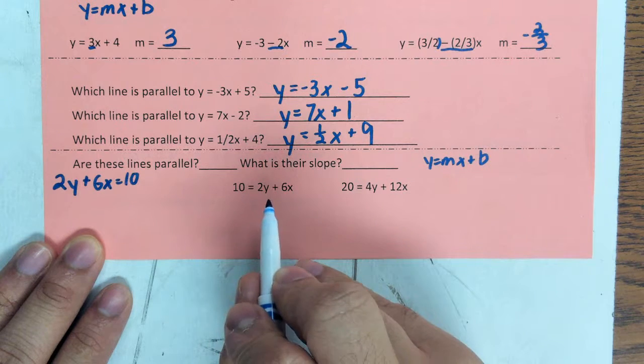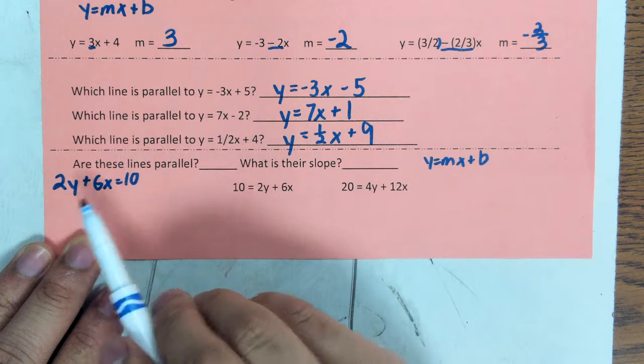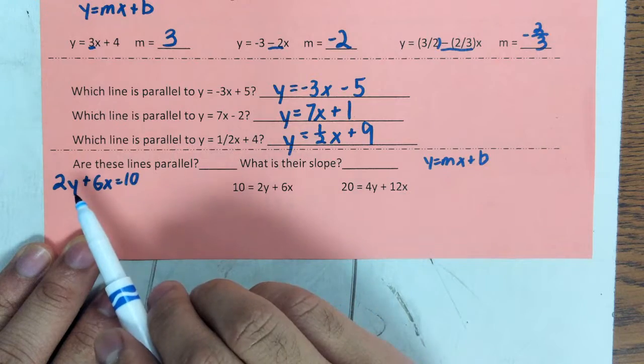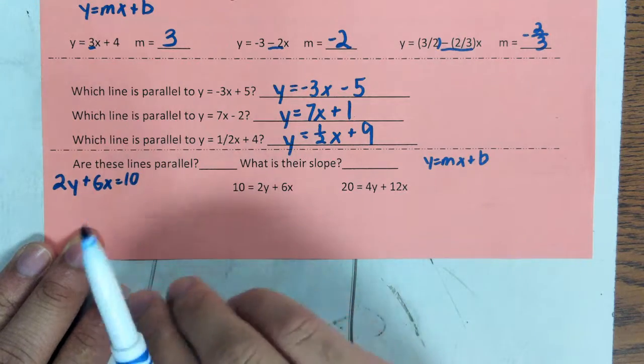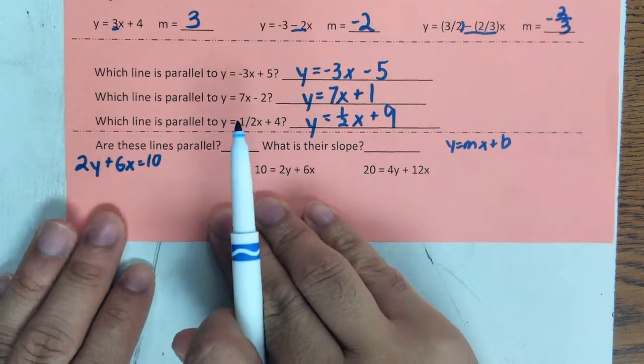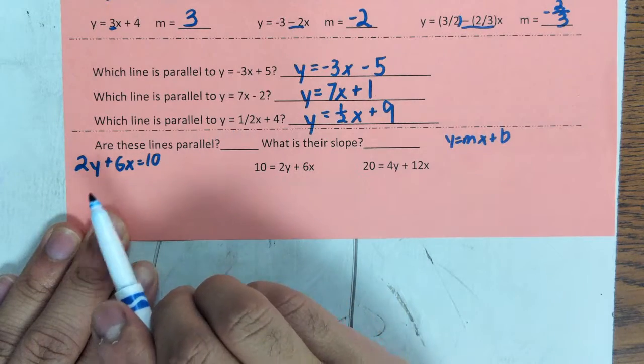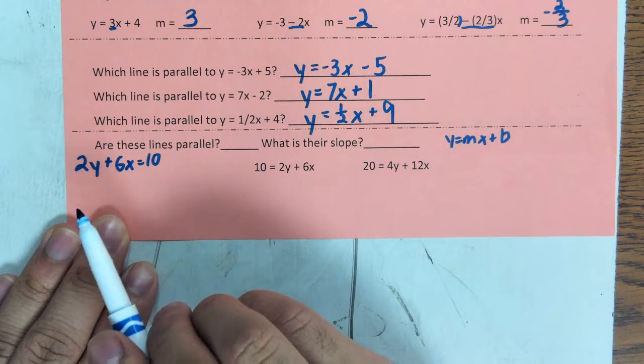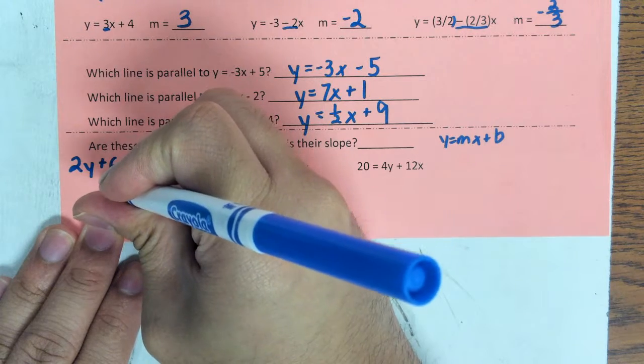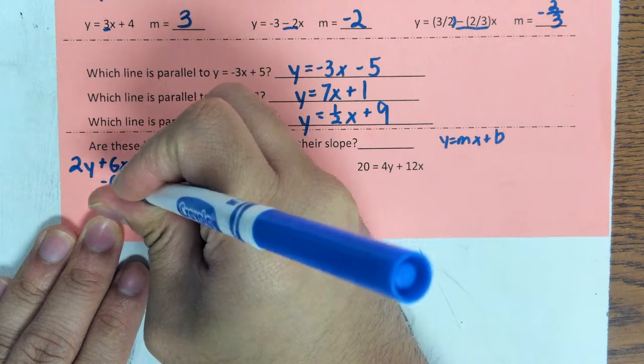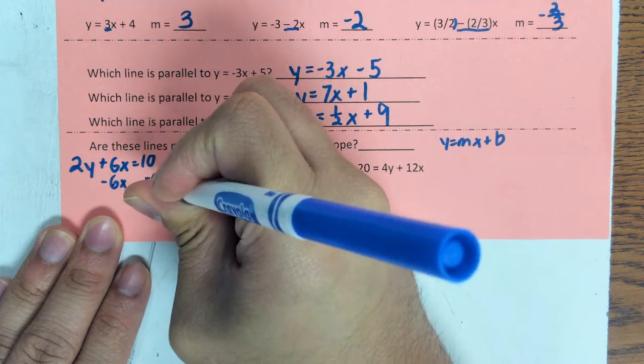So instead of 10 equals 2y plus 6x, I just switch the two sides to make it 2y plus 6x equals 10. It's equal, we can do that. So now I want to solve for y, get y by itself, isolate y. So I want to get rid of everything around the y. First thing I want to cancel is that 6x.